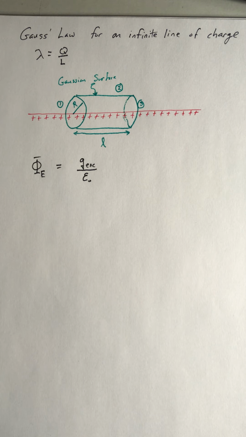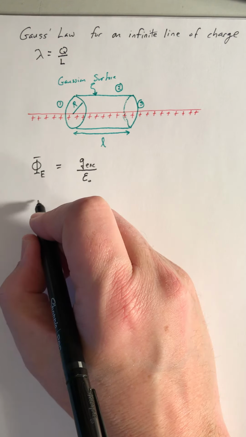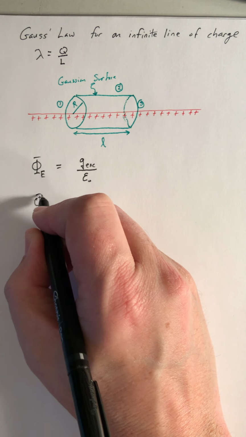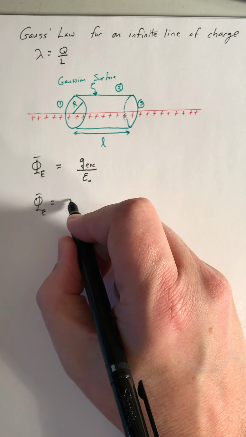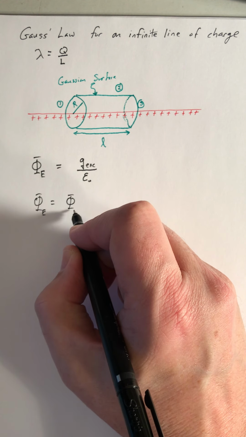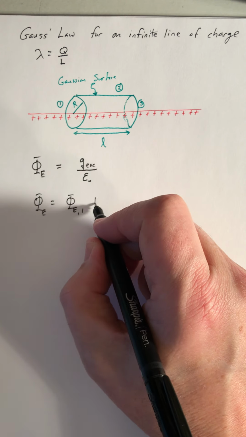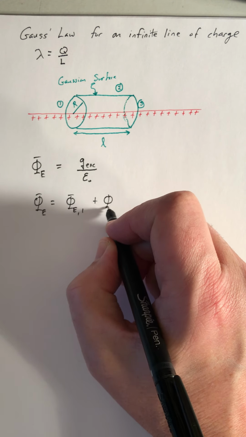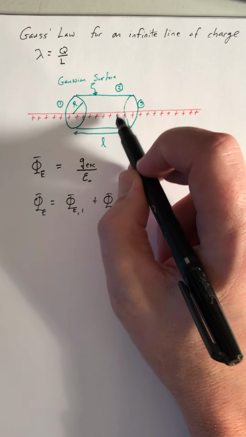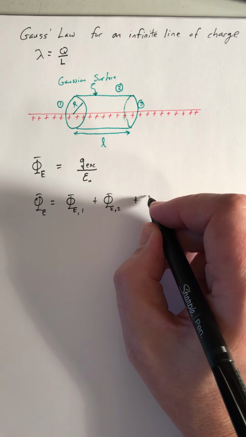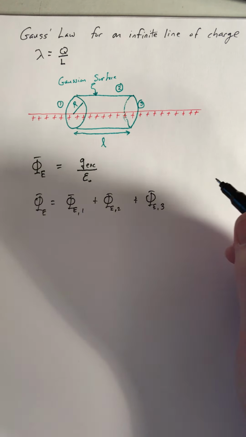So we go to evaluate the left-hand side in Gauss's law. We want to look at the flux of the electric field. The flux of the electric field is going to be the sum. I'm going to have the flux of the electric field through the left end cap, the flux of the electric field through the side of the cylinder, and then the flux of the electric field through the right end cap.